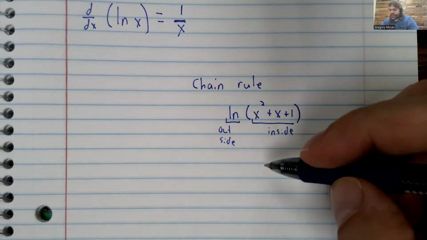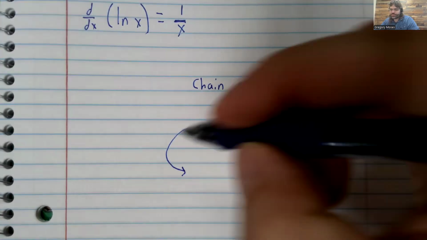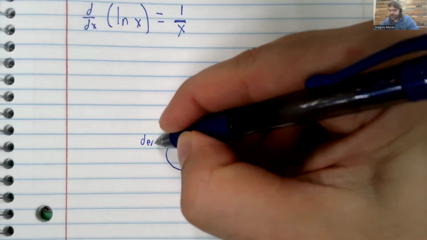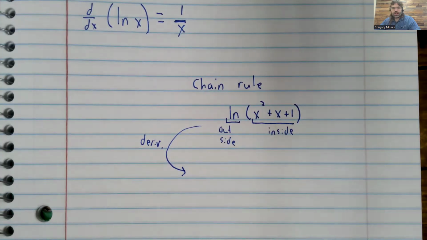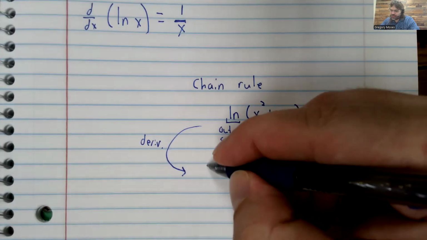And the derivative of this, well, the derivative of the natural log is 1 over x.